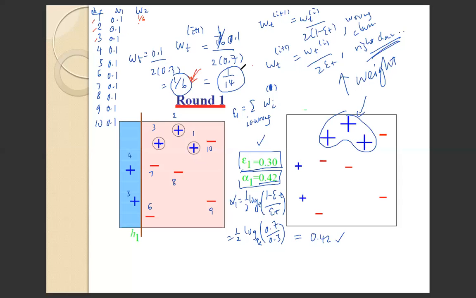No, the wrong one is this one, okay, 1/14. Okay, the rest of them that are correct will receive this one.